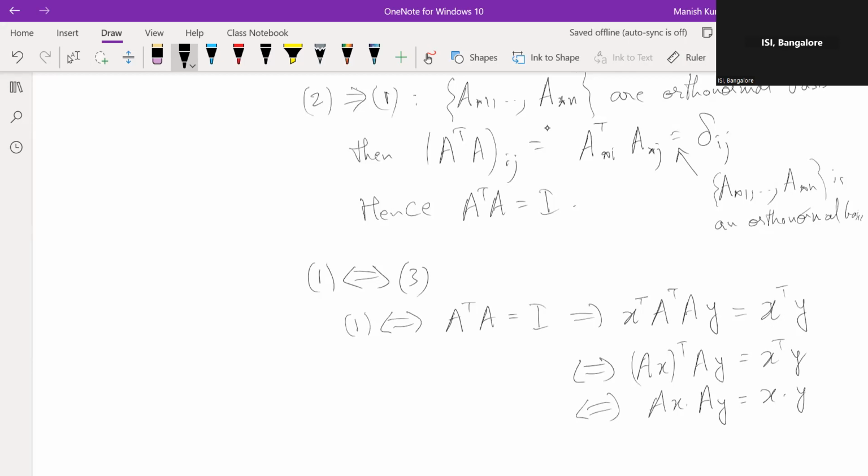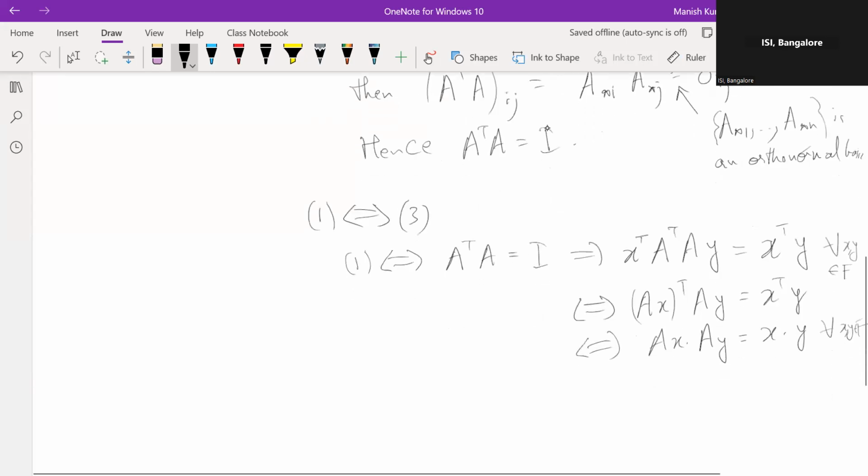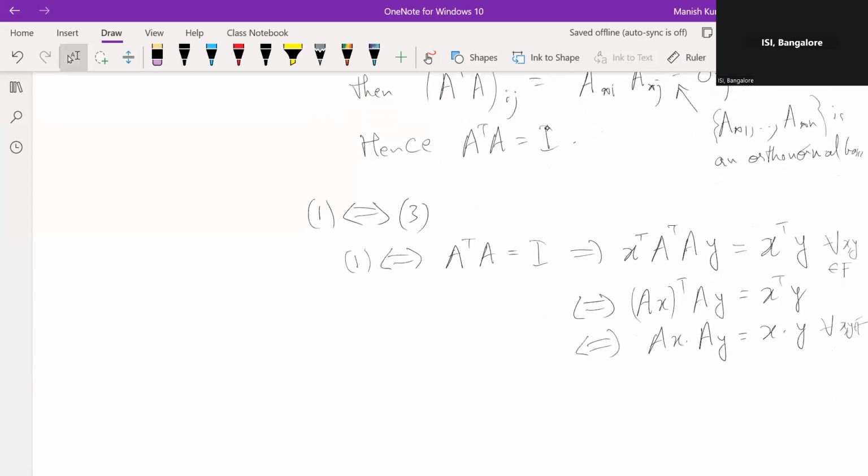For 3 implies 1, we'll just have to reverse this thing. So this holds for all x, y. To reverse this, all you have to check is: suppose this holds for all x, y, then how do you prove that A transpose A is identity?